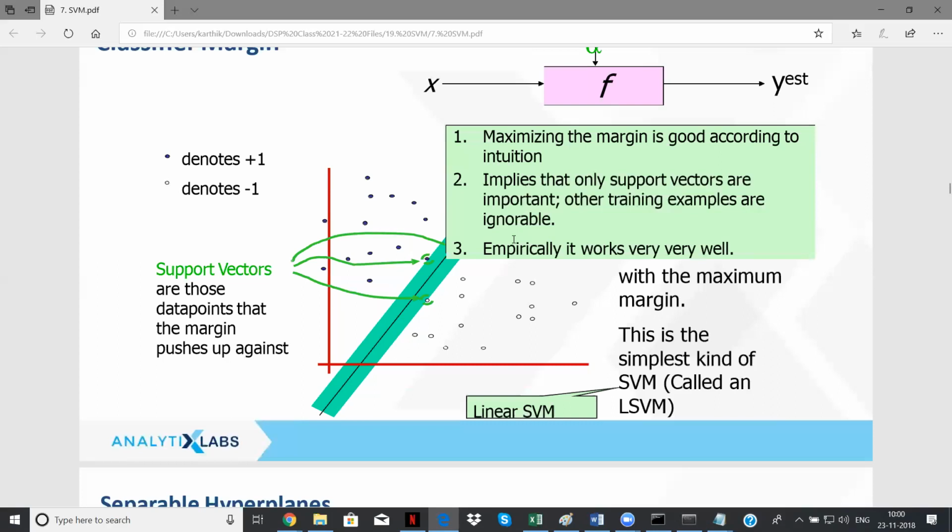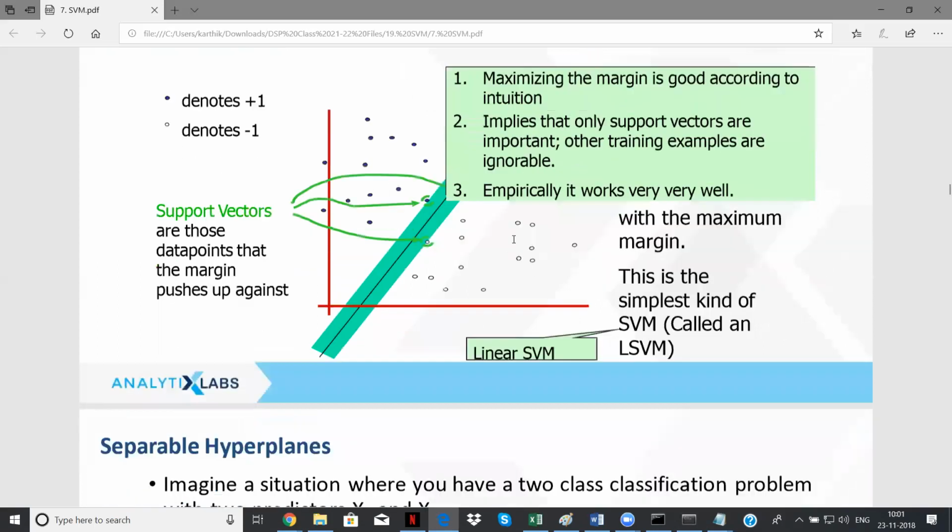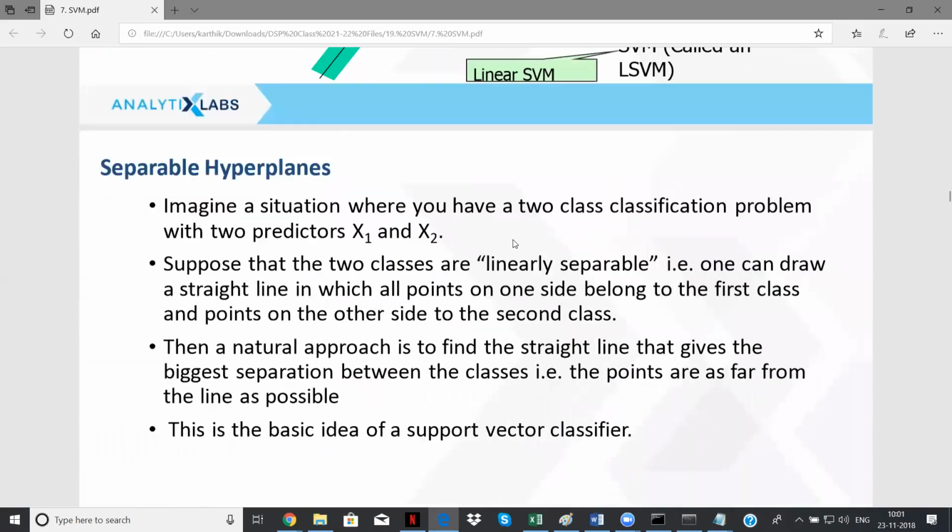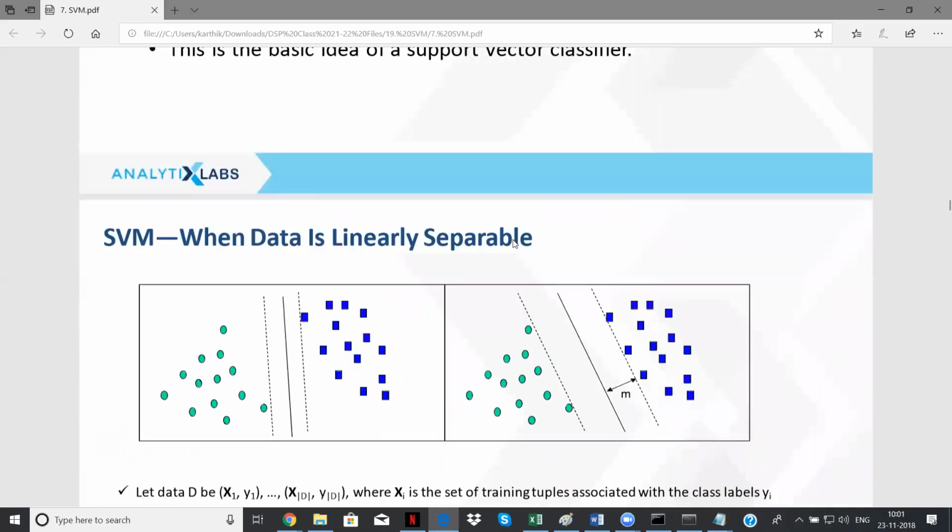So all you have to do is find that point which is farthest from the line that you have decided, right? Or if that sentence is confusing, let's stick to a simpler sentence. Find a margin which is wide enough, right? Maximum margin. Now let's look at this.